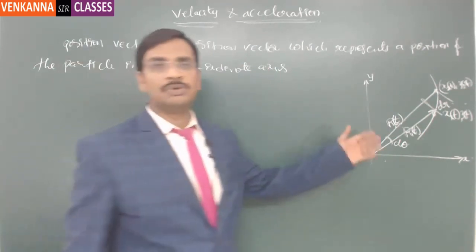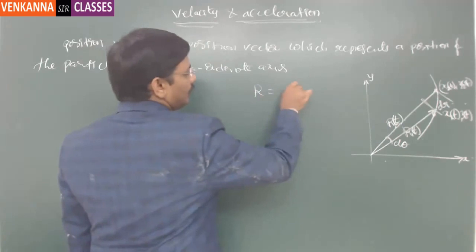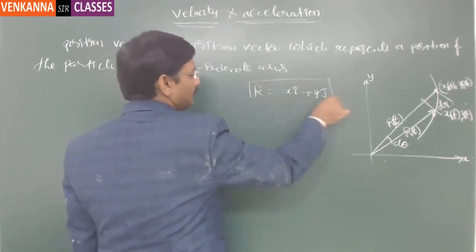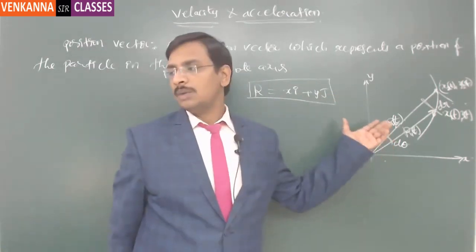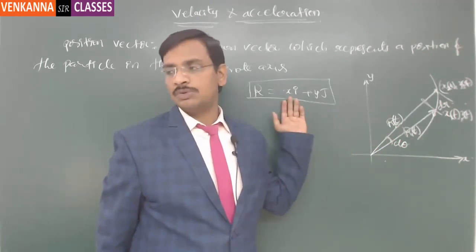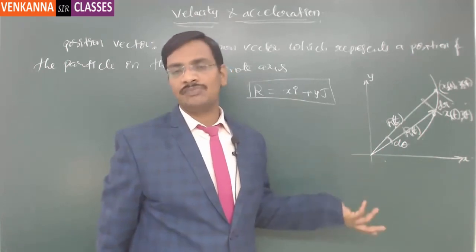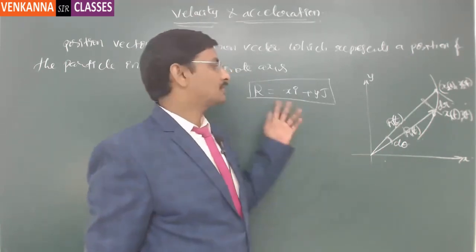So that's why a position vector is usually expressed as r is equal to xi plus yj, where x is a function of time in this case and y is also a function of time, right? So here a position vector can be a function of time or it may not be. If it is a static position, it is simply xi plus yj. But if it varies with respect to time, let us say a particle is moving with respect to time, then it is a function of time.